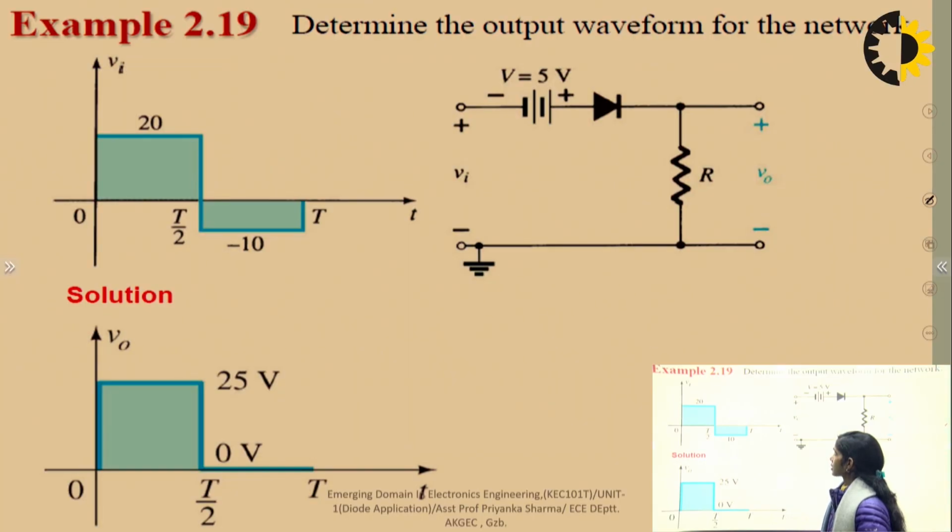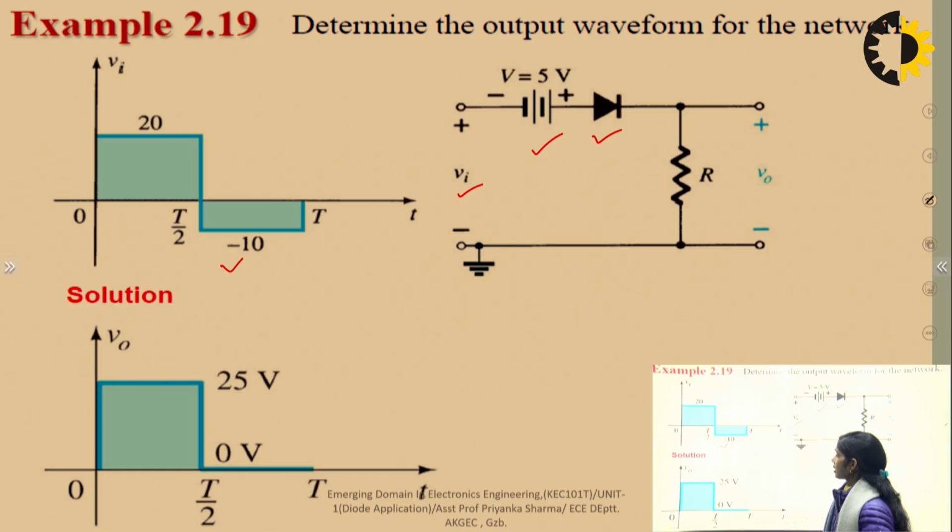Now, to see how it works, we can take one example. Let's say the voltage V is 5 volt, the diode is an ideal diode, and the input is a square wave with positive input 20 volt and negative input minus 10 volt.